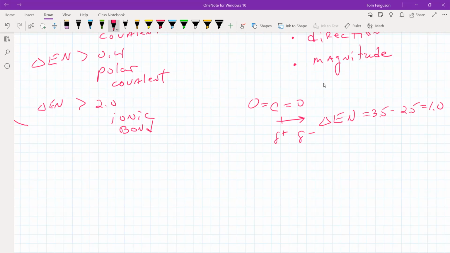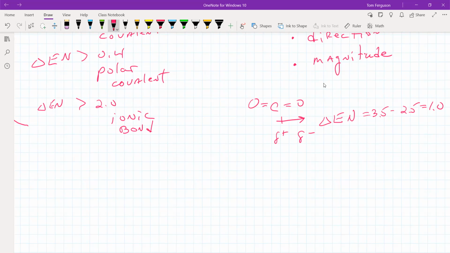Now we have a dipole here that's exactly the same as this, only exactly opposite. Because if we just look at that one right side carbon double bonded O, we're going to say that is a pretty polar covalent bond, right?